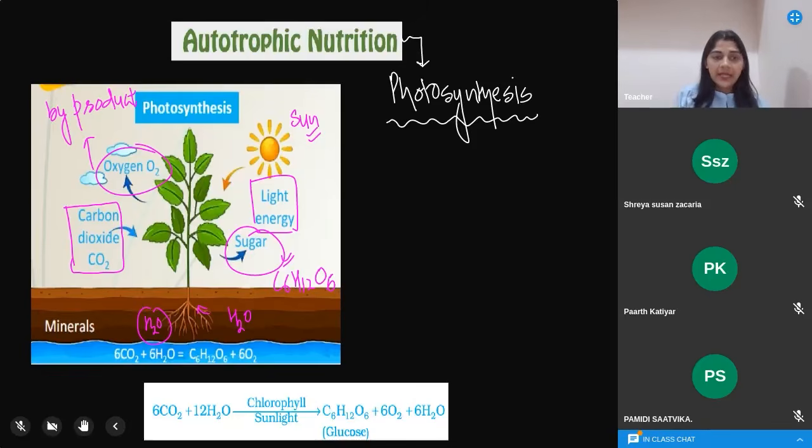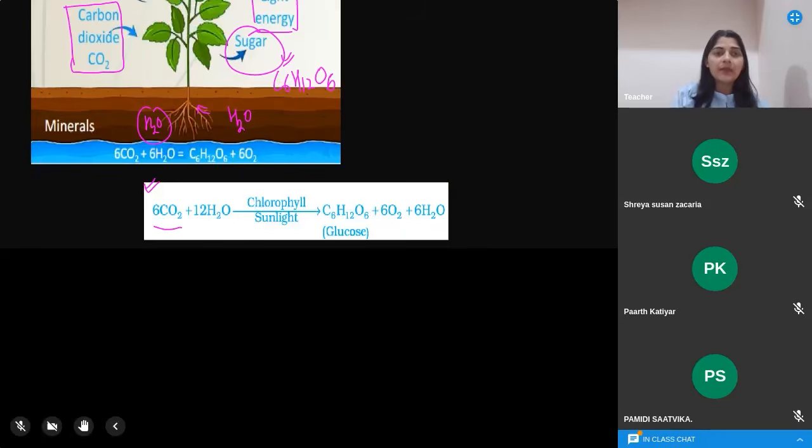Okay? The same thing is written here in the reaction below, that is 6CO2 plus 12H2O. This carbon dioxide and water are the raw materials. Plants are going to obtain CO2 from the atmosphere. How they will be obtaining it, I'll tell you.